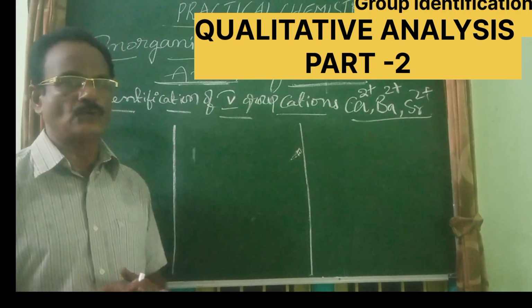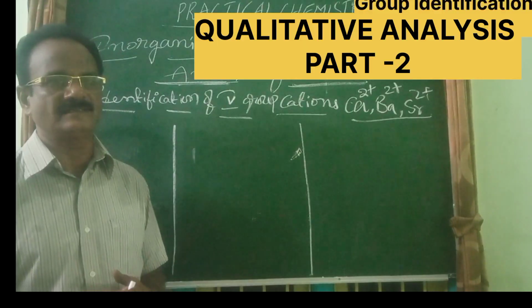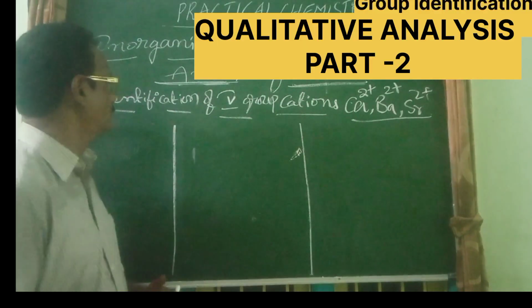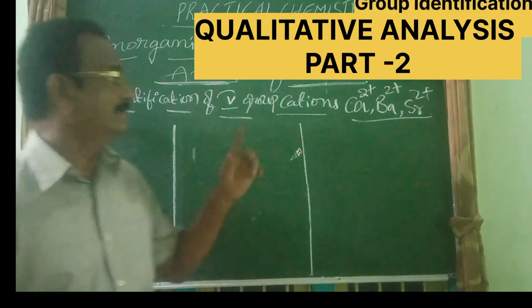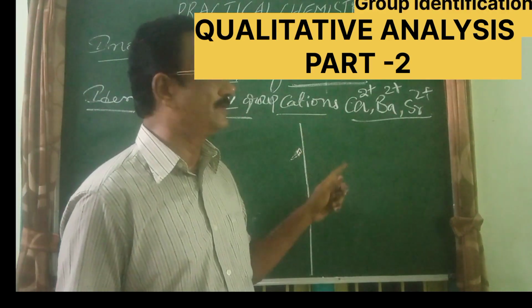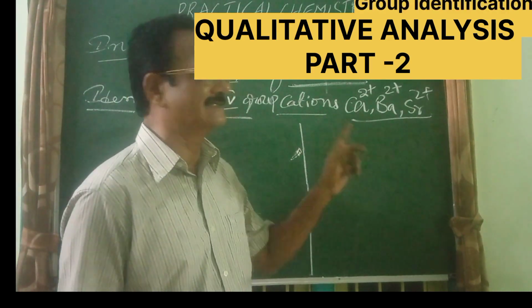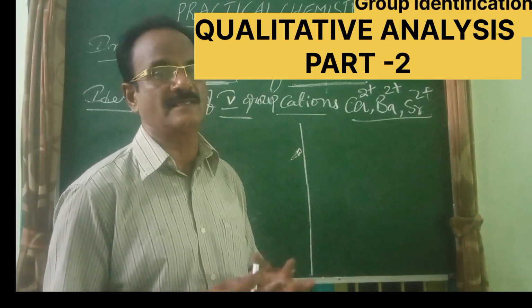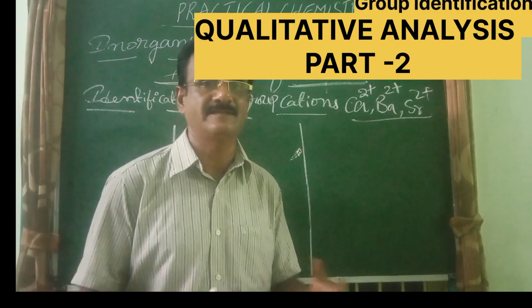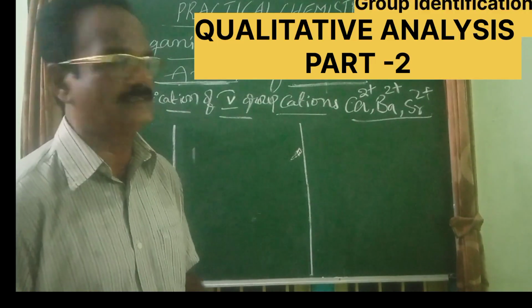If there is no fourth group cations in the given salt, one has to go for identification of fifth group cations, that is Ca2+, Ba2+, Sr2+. Ca2+ and Ba2+ are the most common cations given in the laboratories. Is it clear?